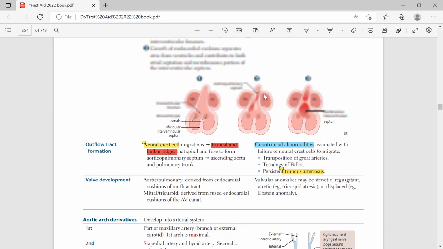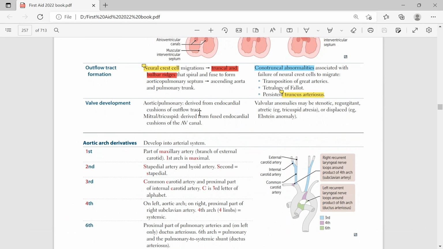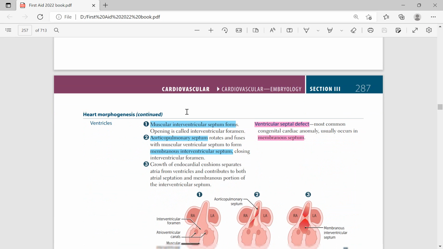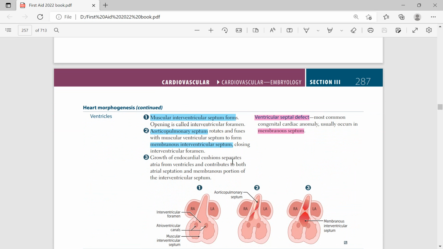So let's go to valve development. We have read outflow tract formation. Valve development: we know the heart has four valves, the aortic and pulmonary valves, and the mitral and tricuspid valves. The aortic and pulmonary valves are derived from the endocardial cushion of the outflow tract, because we have read that the endocardial cushion separates atria from ventricle.